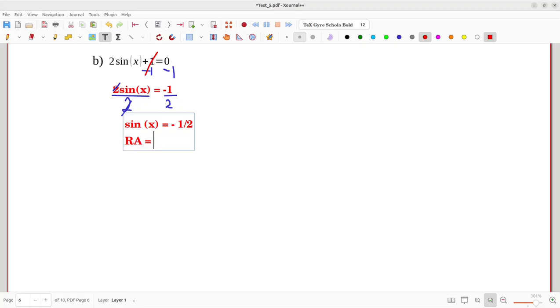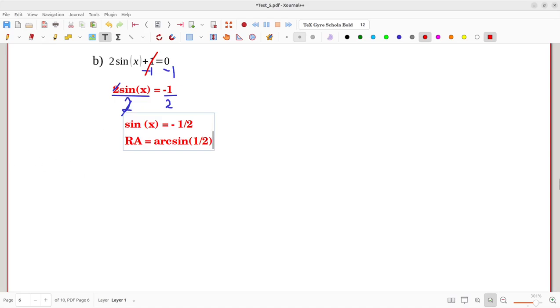Now, please make sure you don't include the sign when calculating the reference angle. So this is arcsine 1/2, not arcsine -1. Don't include the negative there, because what the negative does is just tell you which quadrants you are going to.